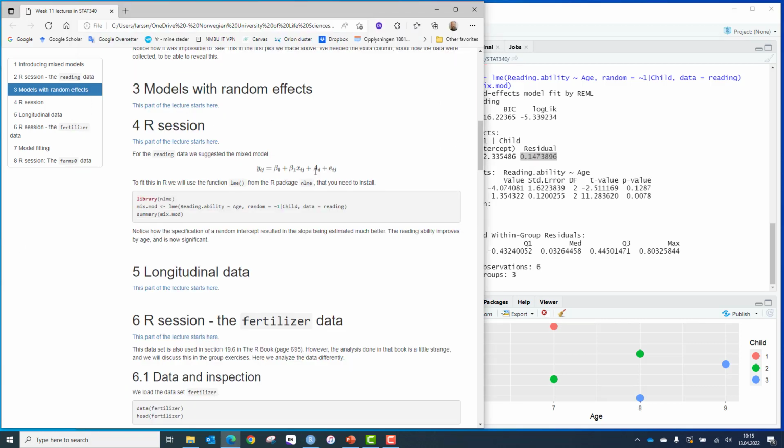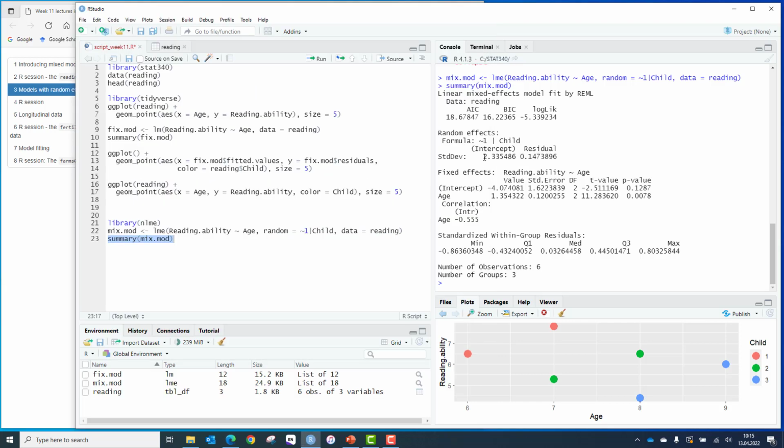So this one has a standard deviation, and this one has a standard deviation. And this one is the first one, and we can see this is quite big compared to the second one. Can you see that? And remember from the lecture, I said that we can compute this correlation rho as, what should it be? It should be this sigma A.